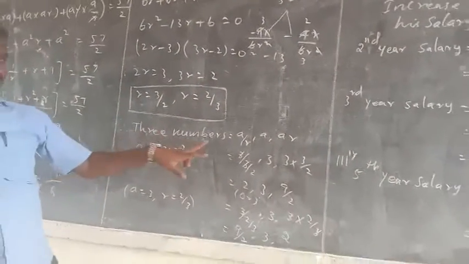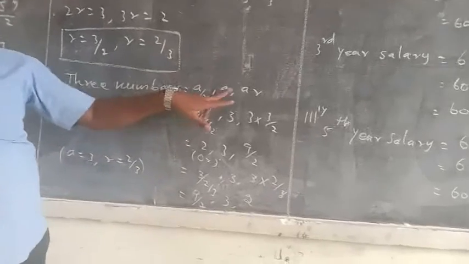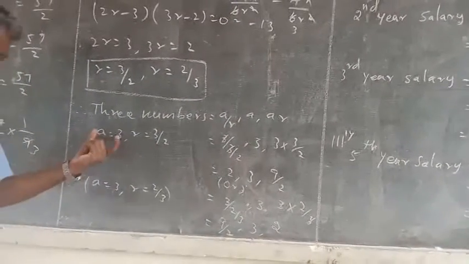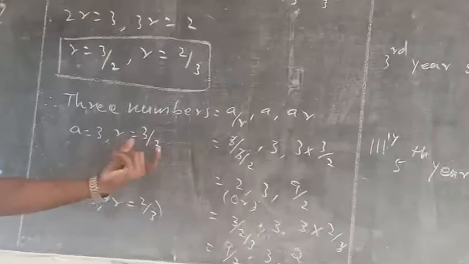The three numbers are a by r, a, ar. So take a equal to 3 and r equal to 3 by 2.